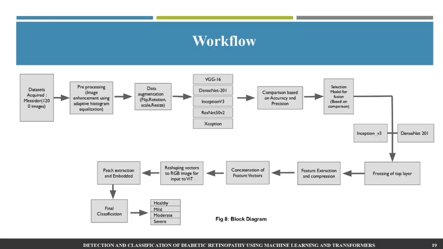Here is the entire workflow of our work. At the beginning, we collected the dataset that we used for pre-processing. Then this pre-processed dataset is used to compare CNN models like VGG16, InceptionV3, DenseNet121, ResNet50, and Xception. After that, the two best models are selected for model fusion. In the fusion part, at first we froze the top layers to avoid overfitting.